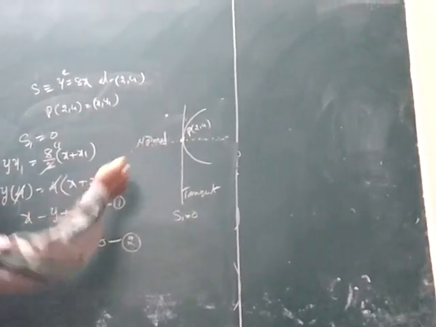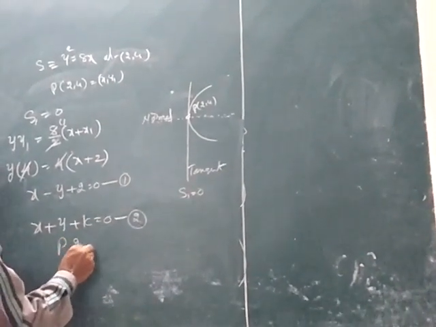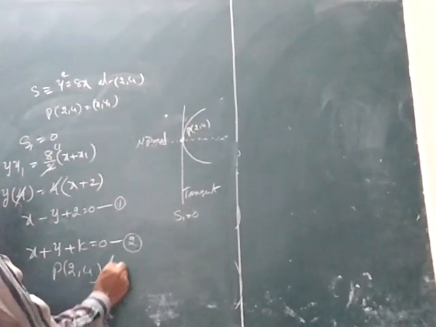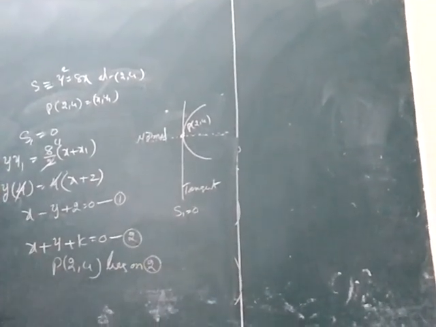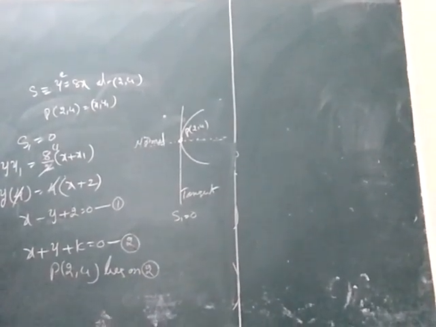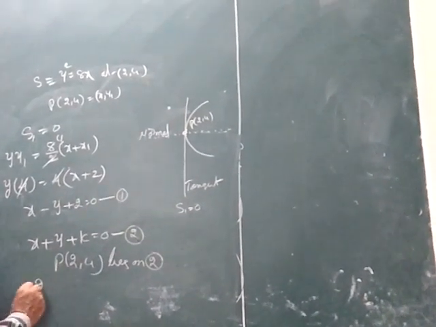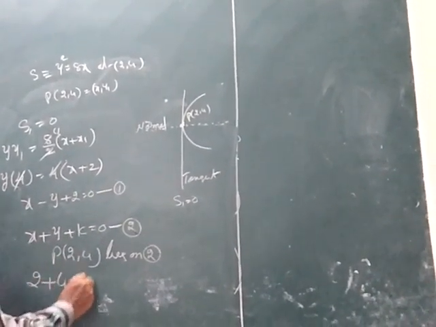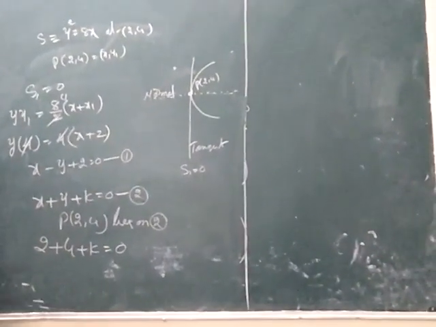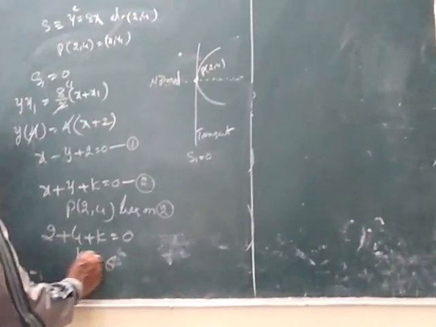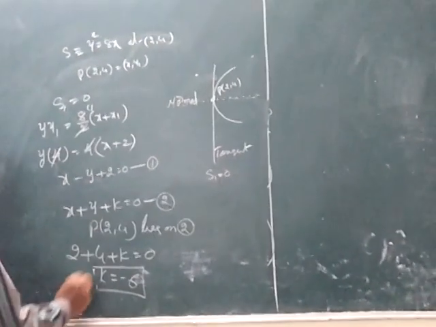Next, P 2 4 lies on 2. So 2 plus 4 plus k equal to 0. K value minus 6.